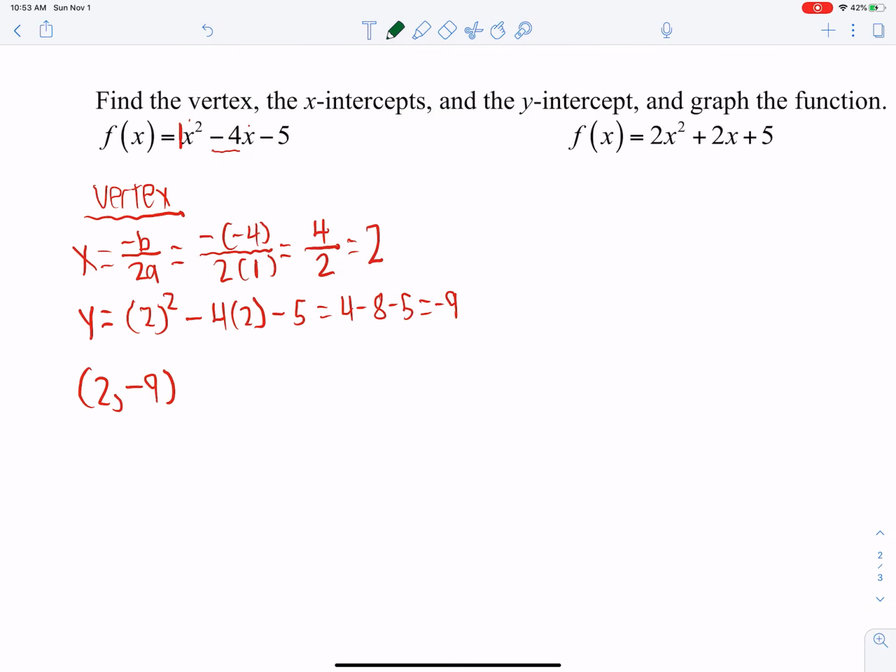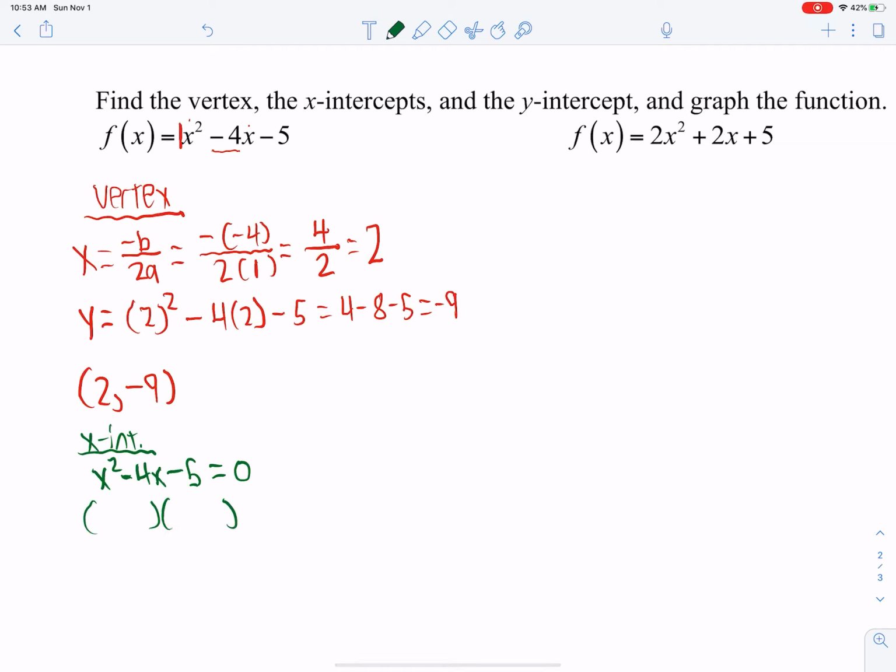Next, let's work on the x-intercepts. To find the x-intercepts, you set the whole function equal to 0, and then see if you can solve it. So here we have x squared minus 4x minus 5 equals 0. Now this is one that we can solve by factoring.